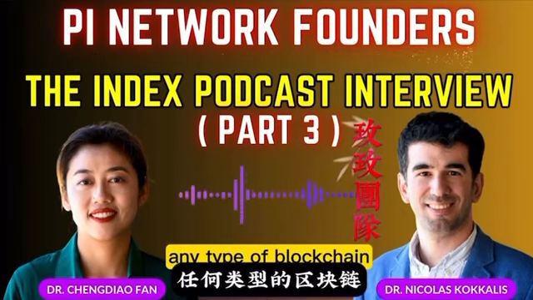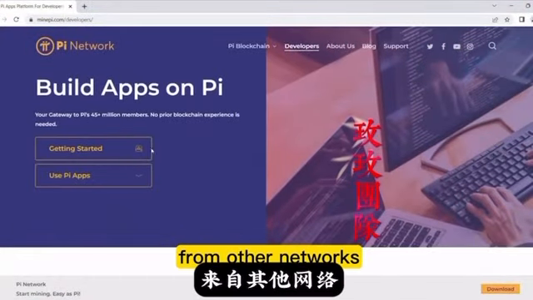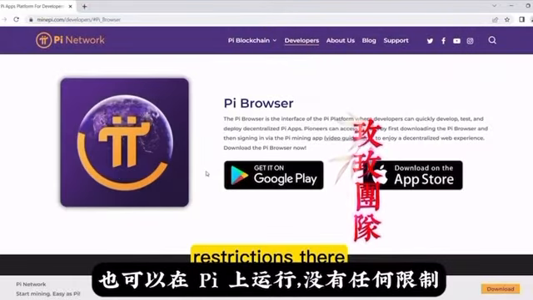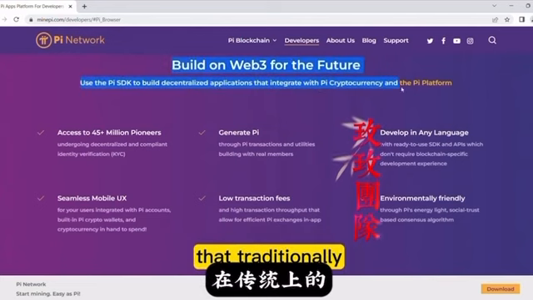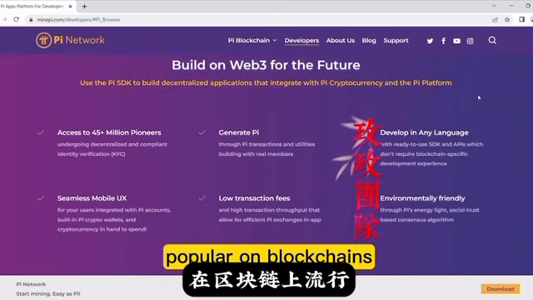Any type of blockchain application from other networks can also run on Pi. There are no restrictions there. We also focus on applications that traditionally have not been popular on blockchains.